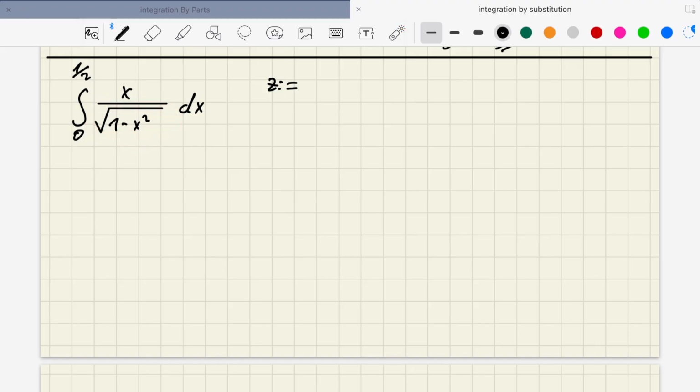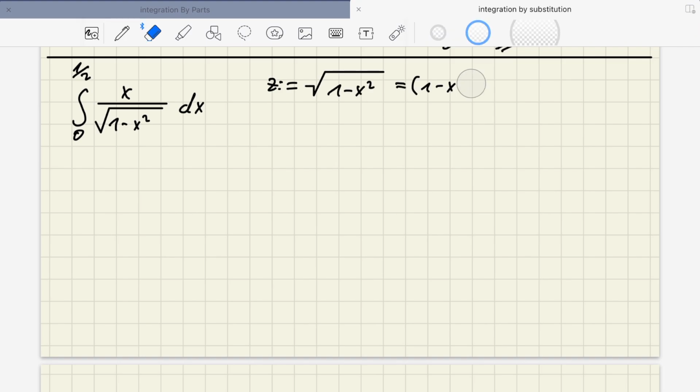So z is equal to the square root of 1 minus x squared. It's a lot easier if you write roots as exponents. It's just a personal thing. Yeah, it just looks less scary.